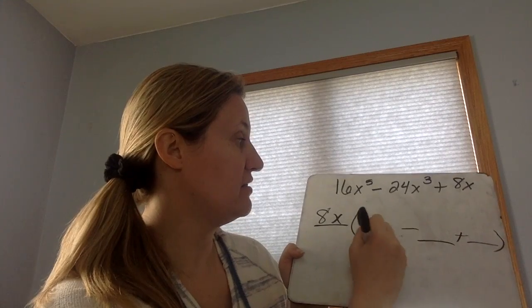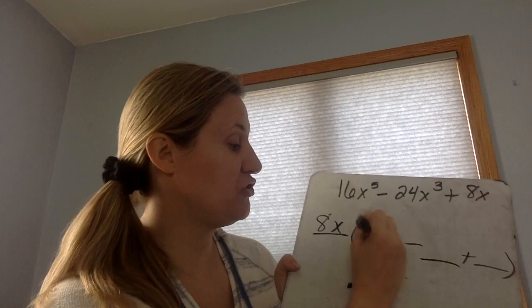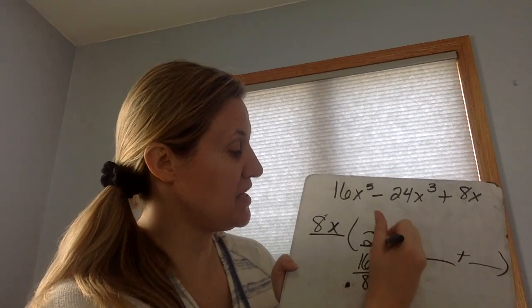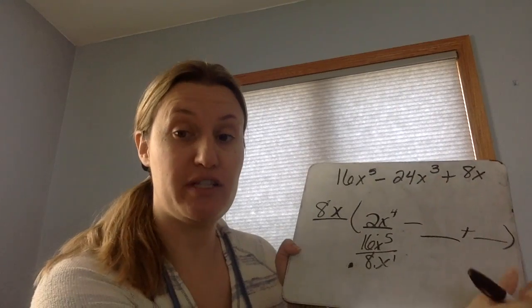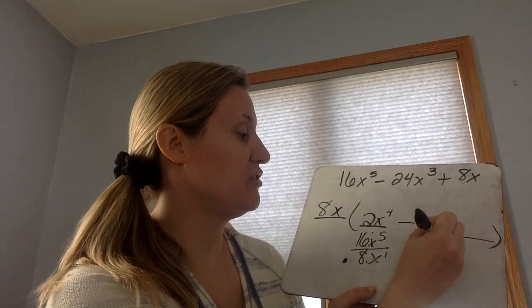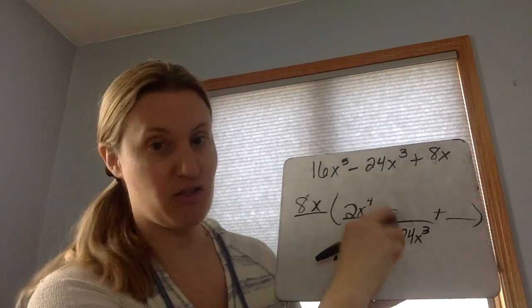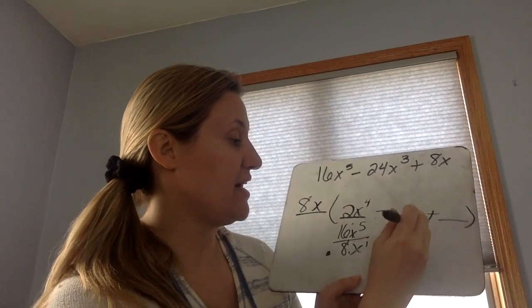So divide 16x to the 5th divided by 8x. 16 divided by 8 is 2. That's a 1. Keep the base, subtract the exponents. That's x to the 4th. So that becomes 2x to the 4th. Here, 24x to the 3rd. And I'm not worrying about negative because I dropped the minus. So I'm just going to keep it as 24x to the 3rd over 8x.